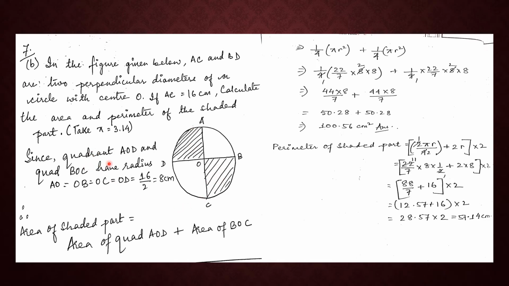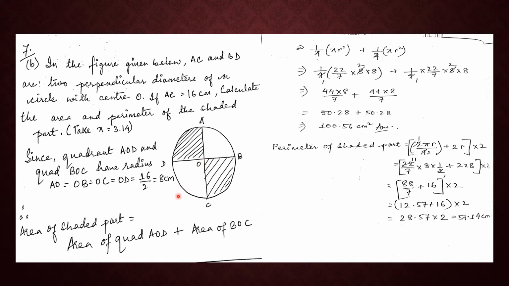Now we know that quadrant AOD and quadrant BOC have radii AO, DO, OB and OC. So all these radii are equal, that is equal to 8 centimeter.